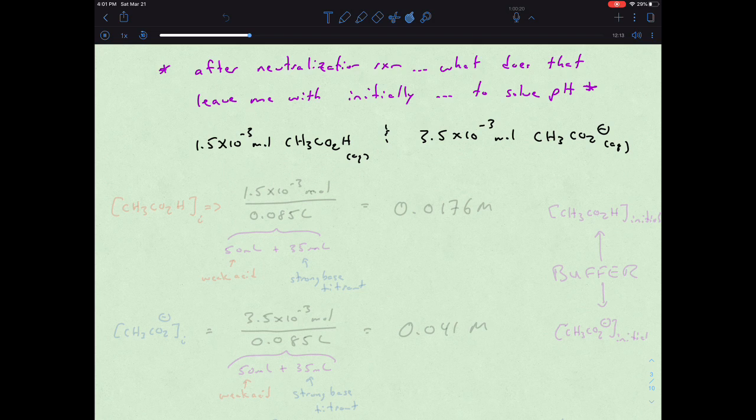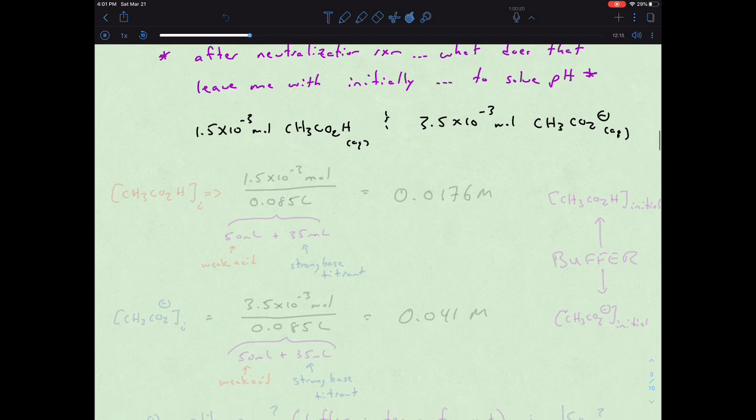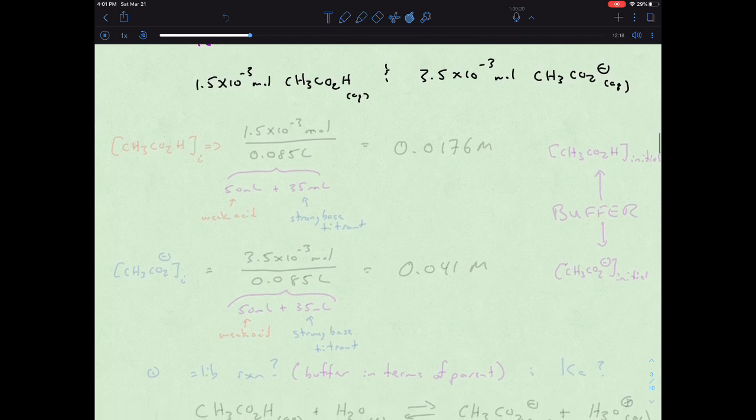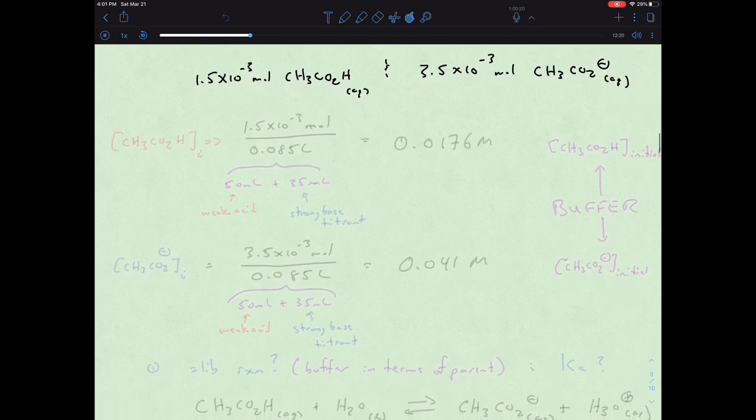So we now know what we have initially. That means we have two components. We have our moles of our acetic acid, I apologize, and we want to get that into terms of molarity.